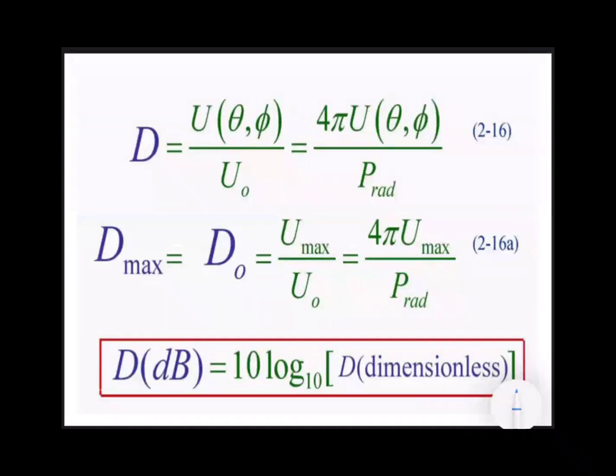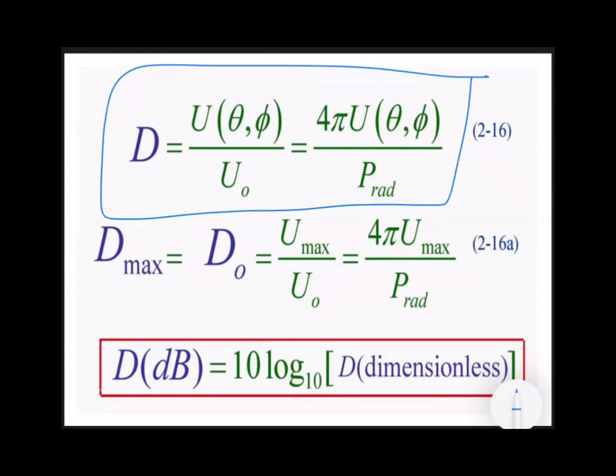Next, the directivity also can be explained in terms of the angles, that is theta and phi. So here the directivity can be expressed in terms of the angular space by the equation D is equal to U of theta comma phi divided by U naught, or it can also be written as 4 pi U of theta comma phi divided by total power radiated.